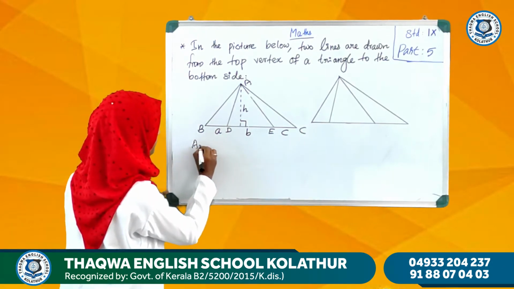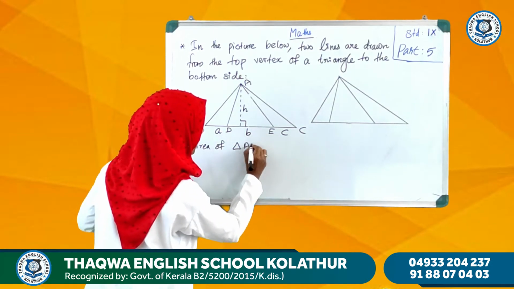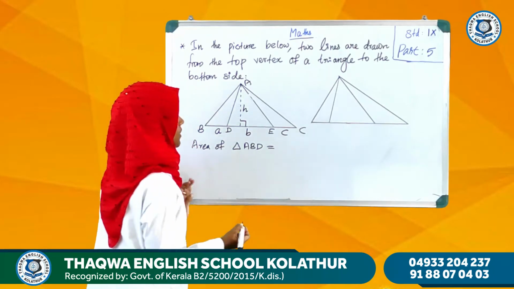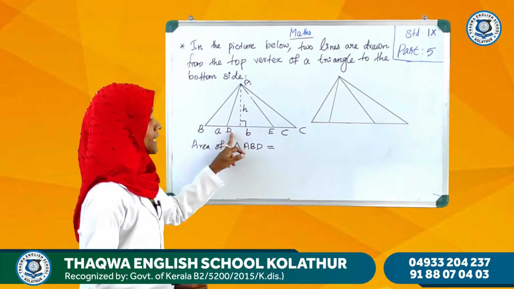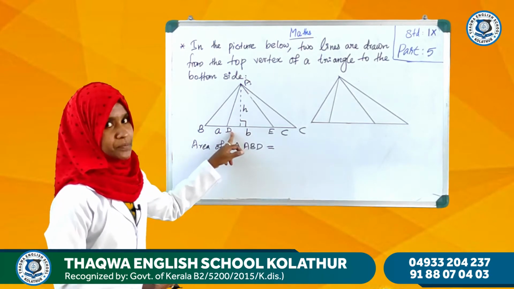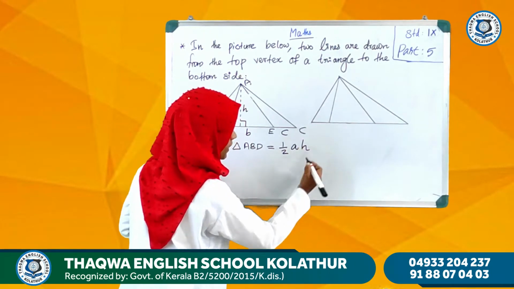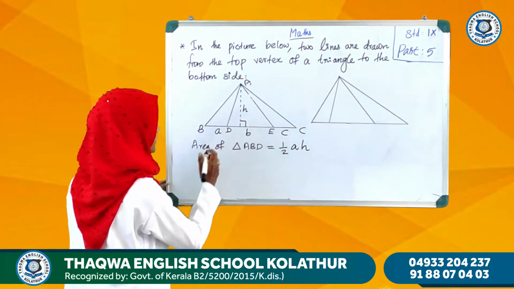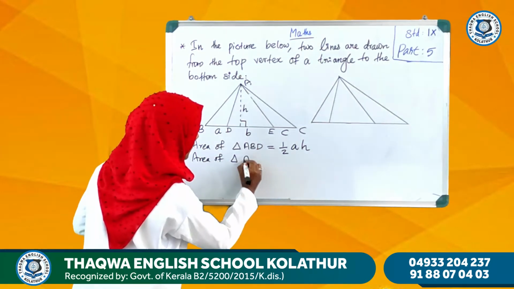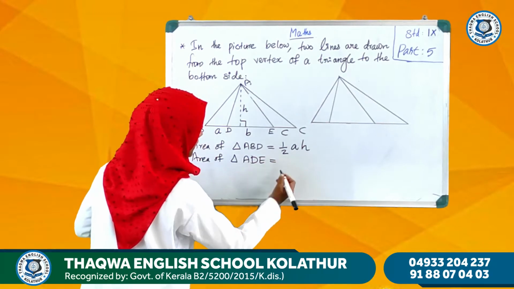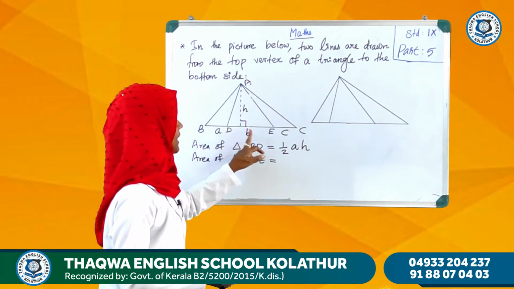First, area of triangle ABD. What is the area of triangle ABD? Half AH. Then second, area of triangle ADE.